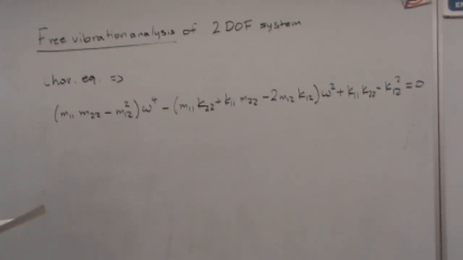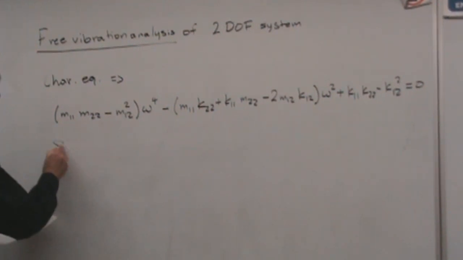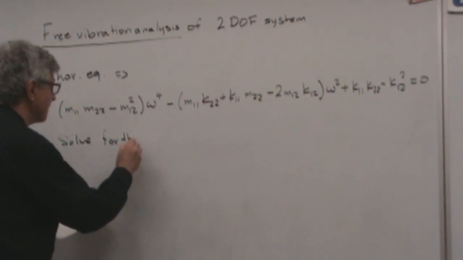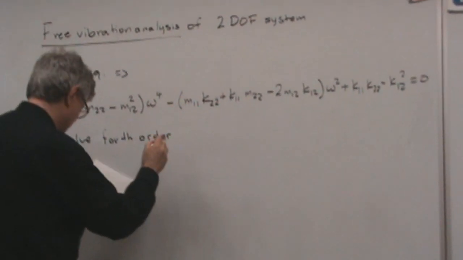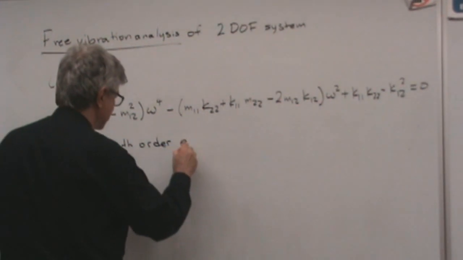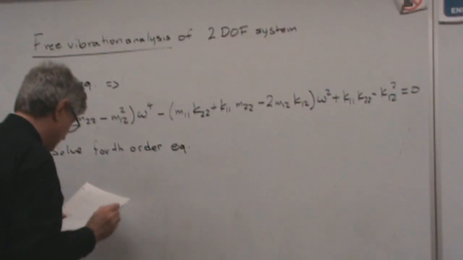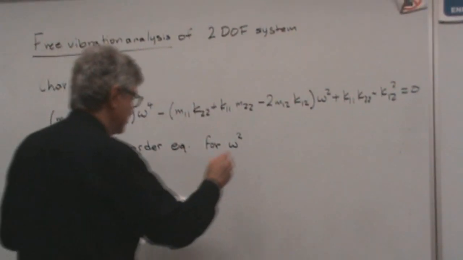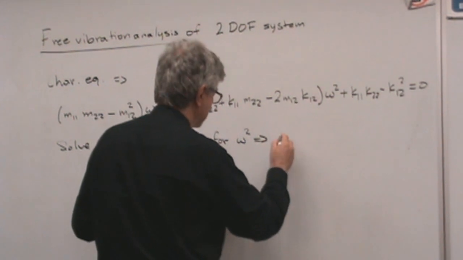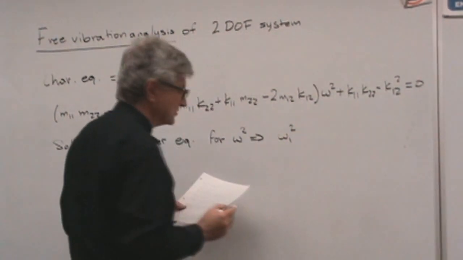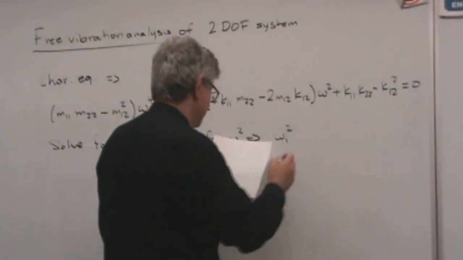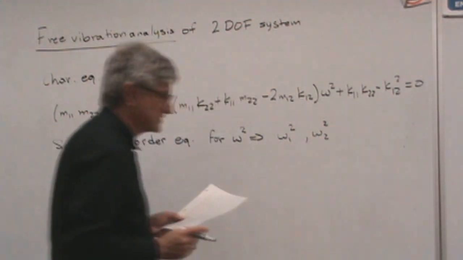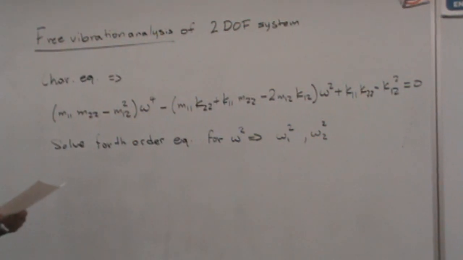So we solve this fourth order equation, I'm sorry, not differential, just algebraic equation, for omega squared, not for omega. And then you will get, if you solve it, two solutions. And these are the squares of the solutions that you want to find.